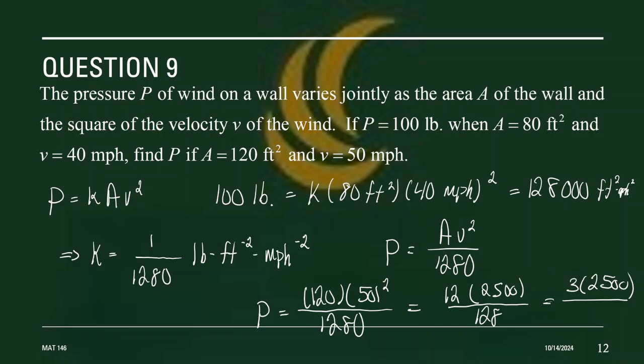And then half of that is 32. 2,500 is also divisible by 4, and so is 32. So that would be 3 times 2,500 over 4, 625, over 8.